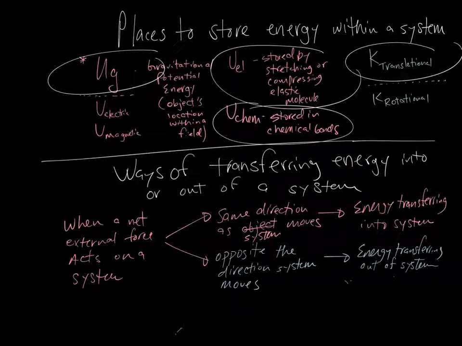Okay? Now, we call this work in physics, work done on a system. It could be taking energy out, it could be putting energy in. It's always called work done on a system.